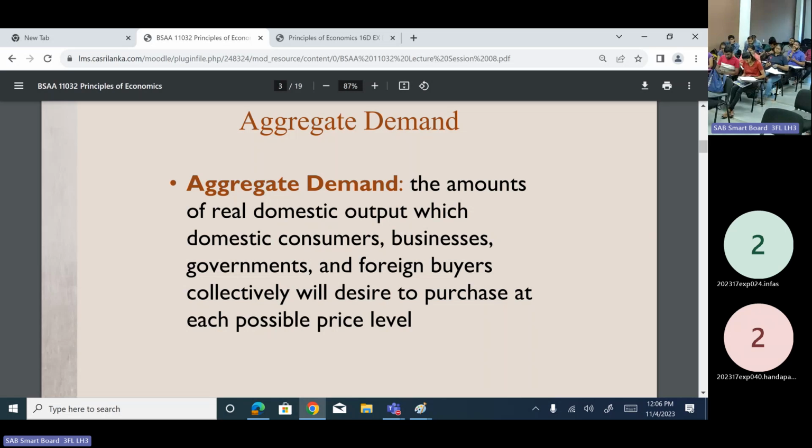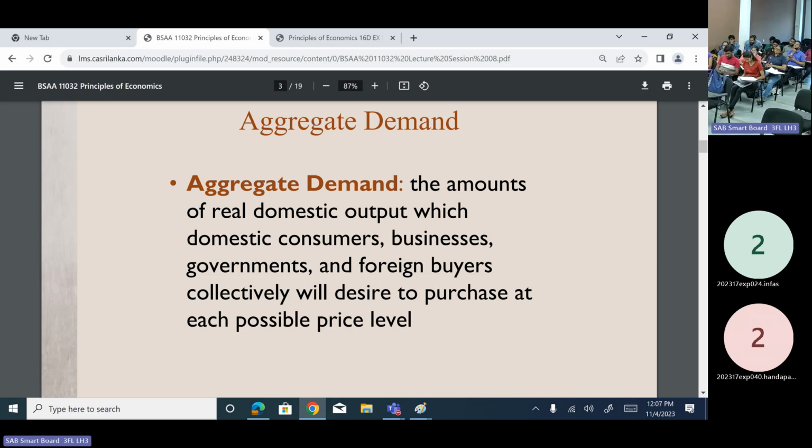This is for the entire economy. So what is the aggregate demand? The amount of real domestic output which domestic consumers, businesses, government and foreign buyers collectively will purchase at each possible price.